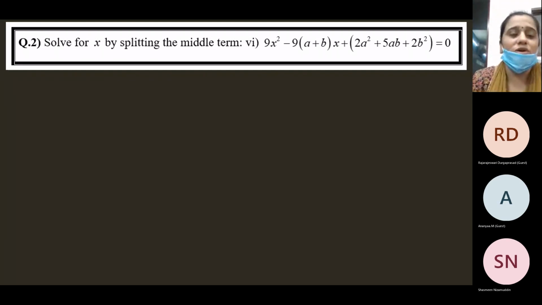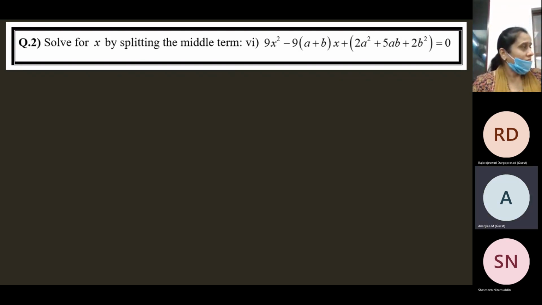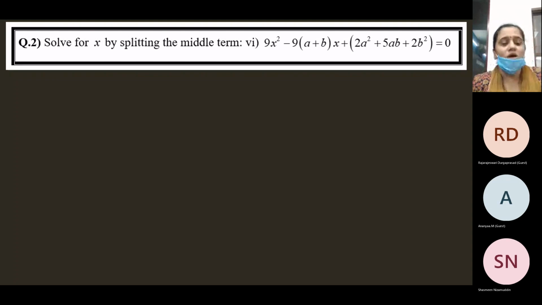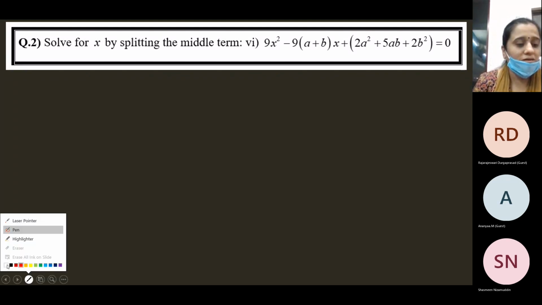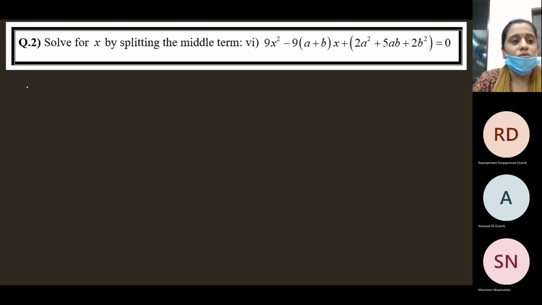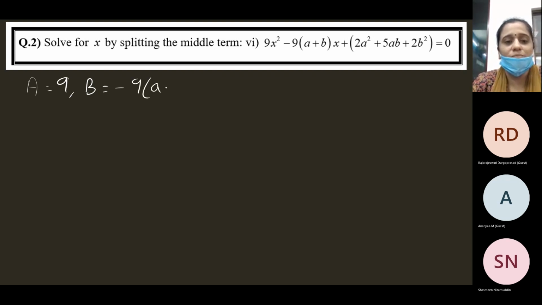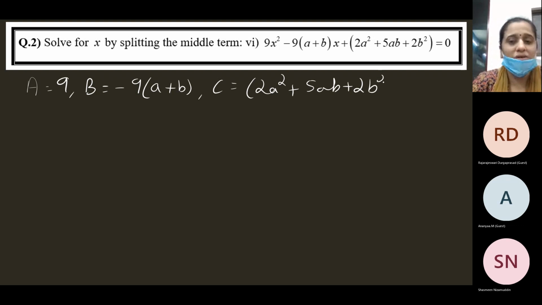Okay, let's check. So that is a discriminant you're getting, right? A square plus B square minus 18. All right, let me just check that. So A is equal to 9. B is equal to minus 9 into A plus B. And C is equal to 2A squared plus 5AB plus 2B squared. You people can continue.